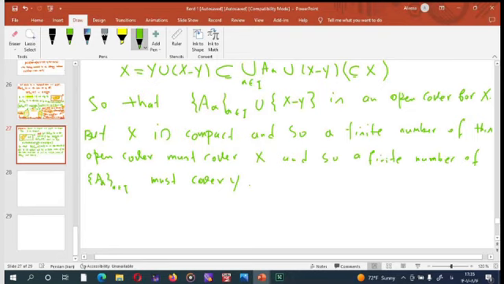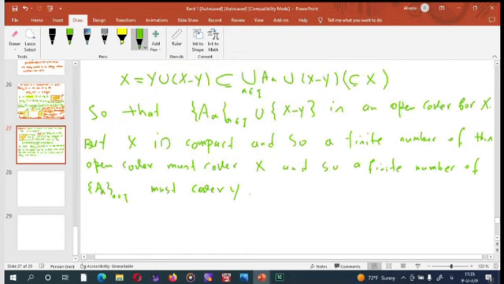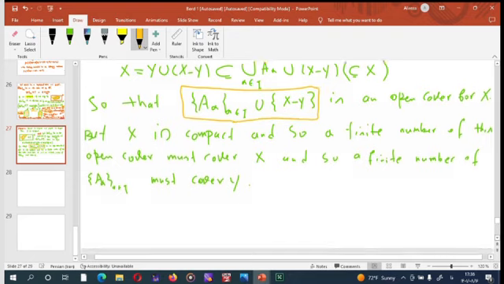because we have two cases. This finite number of this open cover, we can consider two cases.